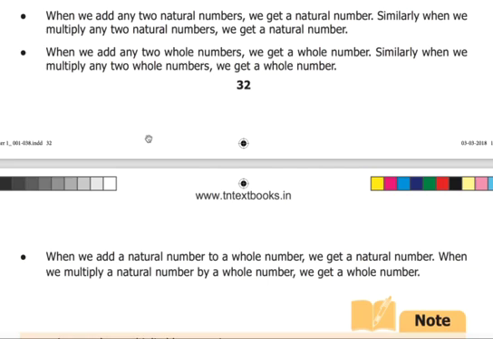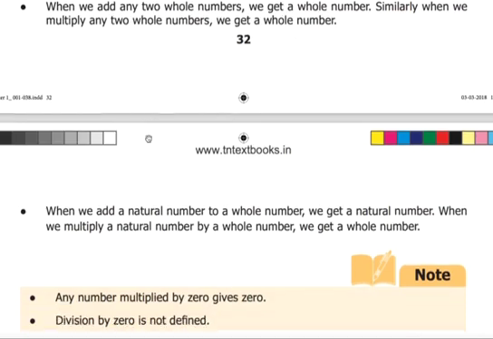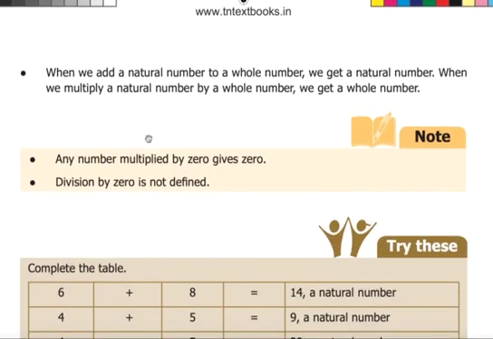That is 0 plus 5, 5. 1 plus 7, again 8. Similarly, when we multiply any two whole numbers, you get a whole number. When we add a natural number to a whole number, we get a natural number. When we multiply a natural number by a whole number, you will get a whole number.